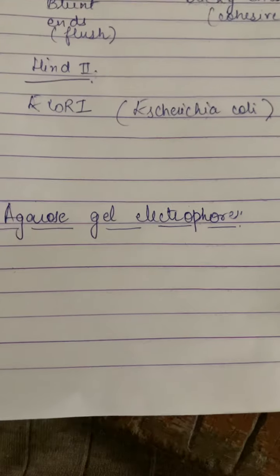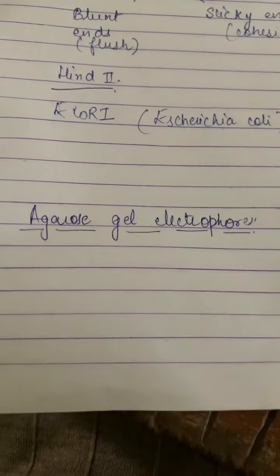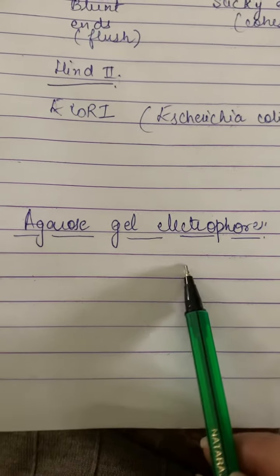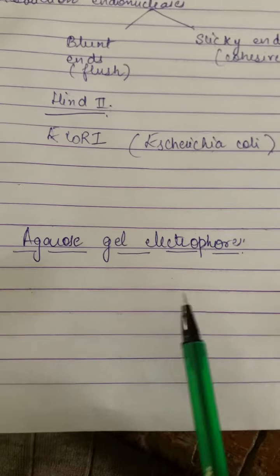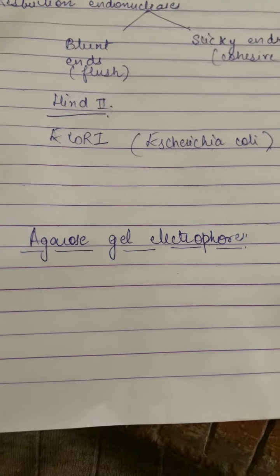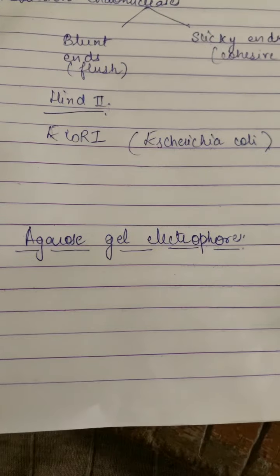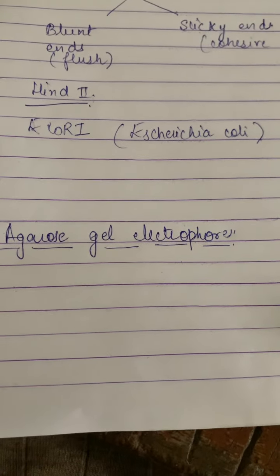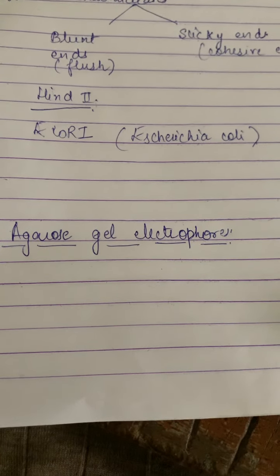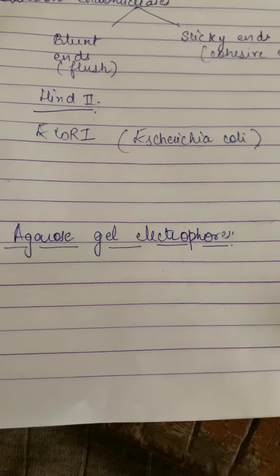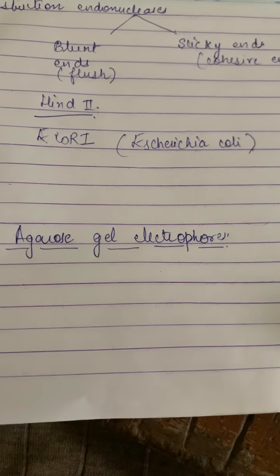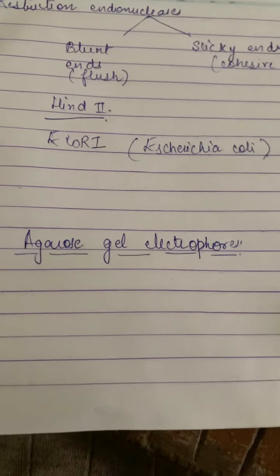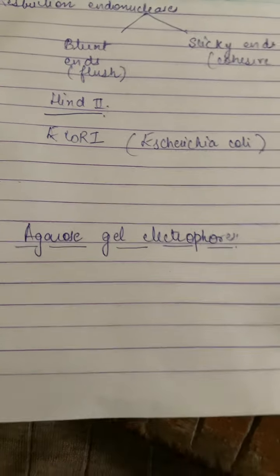Clear? After the DNA has been separated with the help of this technique, next is to find a suitable vector into which your desired gene can be inserted and copied.